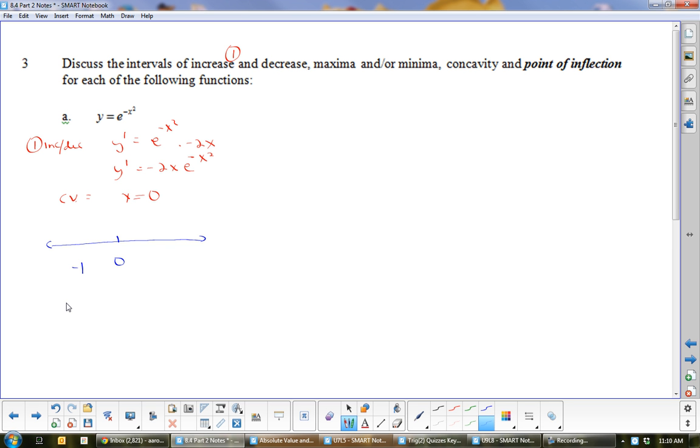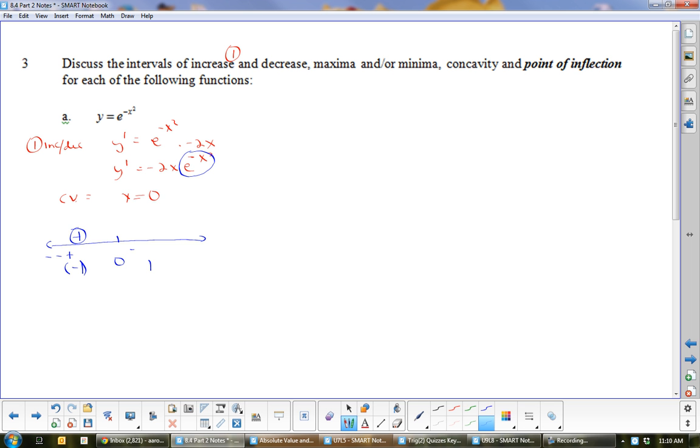We get a negative out front there, then a negative 1, and no matter what you put in for x up top, it'll still be a positive number. Nothing here can make this negative, right? So that will still be a positive. So a negative times a negative times a positive, I got a positive right here.